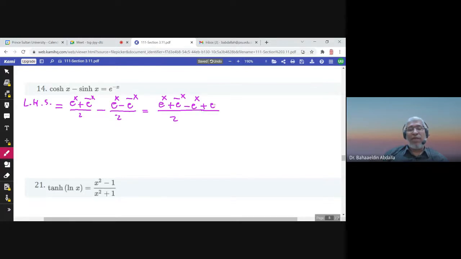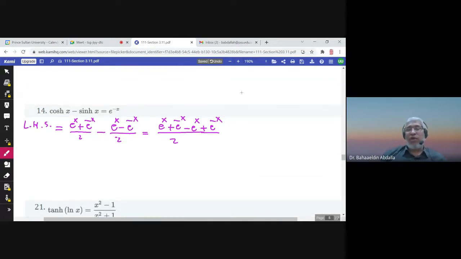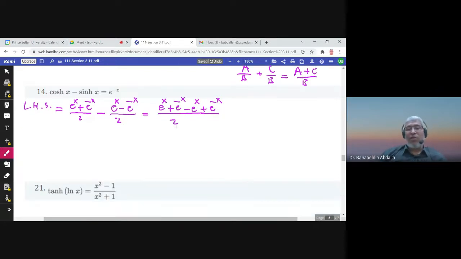I can add these two fractions easily. I hope you know this formula, because whenever you have a over b plus c over b, you can just add a plus c over b if you have the same denominator. So e to the power x cancels with negative e to the power x, and I'll have 2 e to the power negative x over 2, and you can cancel 2 with 2, and the answer would be e to the power negative x, which is actually the right hand side. So this is the proof.